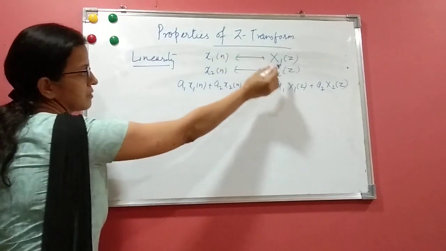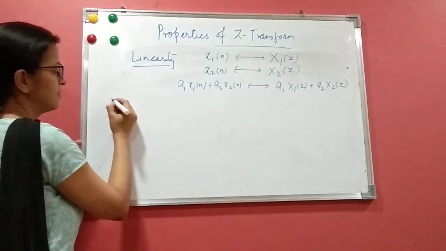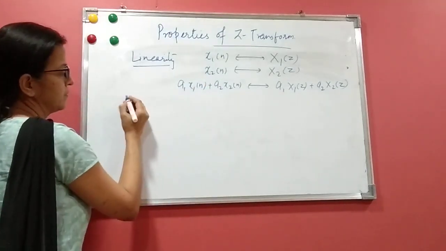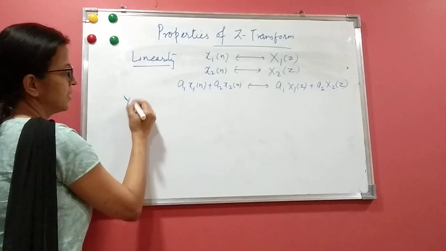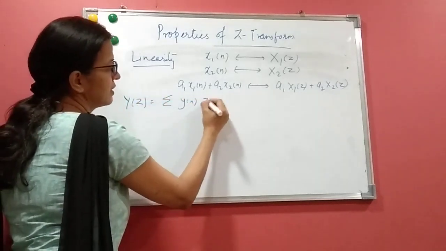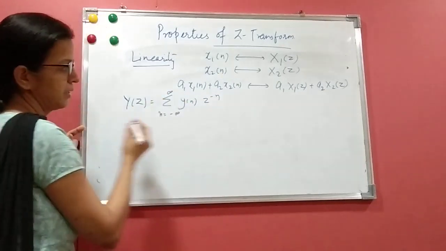We know x1(n) has transform X1(z), and x2(n) has transform X2(z). Let us take this signal as y(n). So what will be Y(z)? Y(z) will be the summation of y(n) z raised to minus n, from n equals minus infinity to infinity.